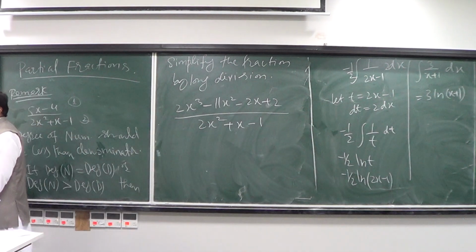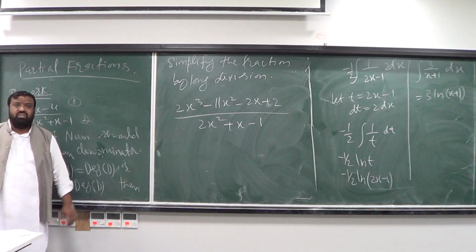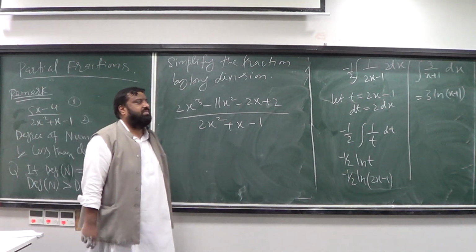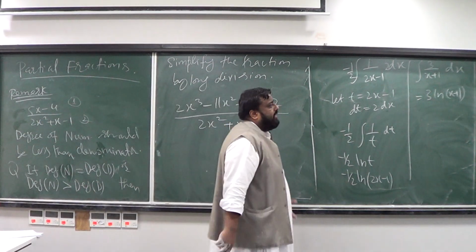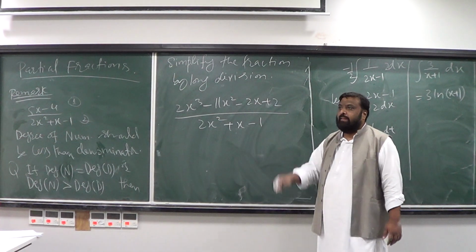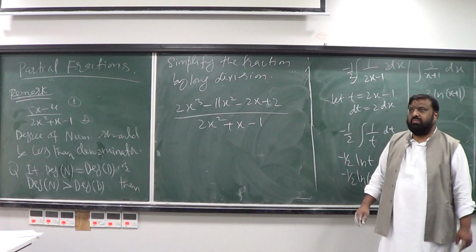So the numerator is cubic and the denominator is quadratic. So what should I do? Then you have to do long division and simplify this.